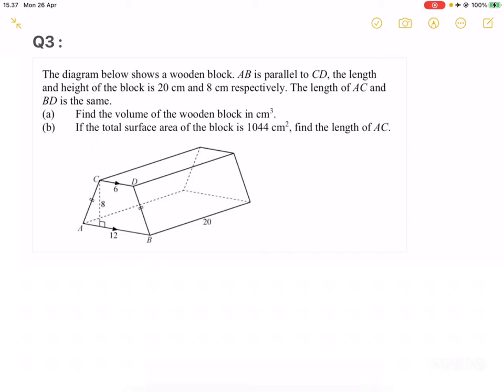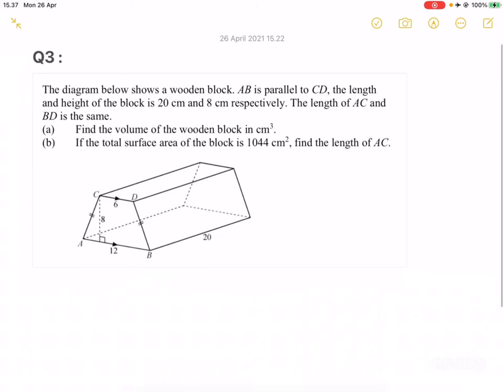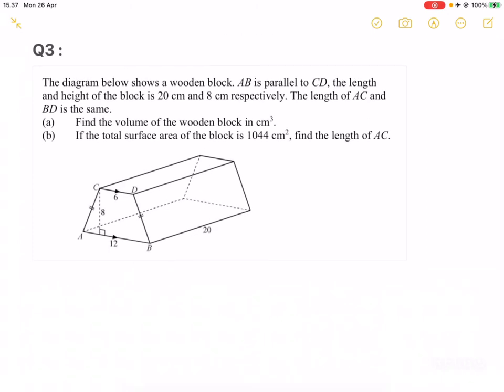The lengths of AC and BD are the same. As you can see, it is a triangular prism. First, we need to find the volume of the wooden block, and for part B, if the total surface area of the block is 1044 centimeters squared, find the length of AC.